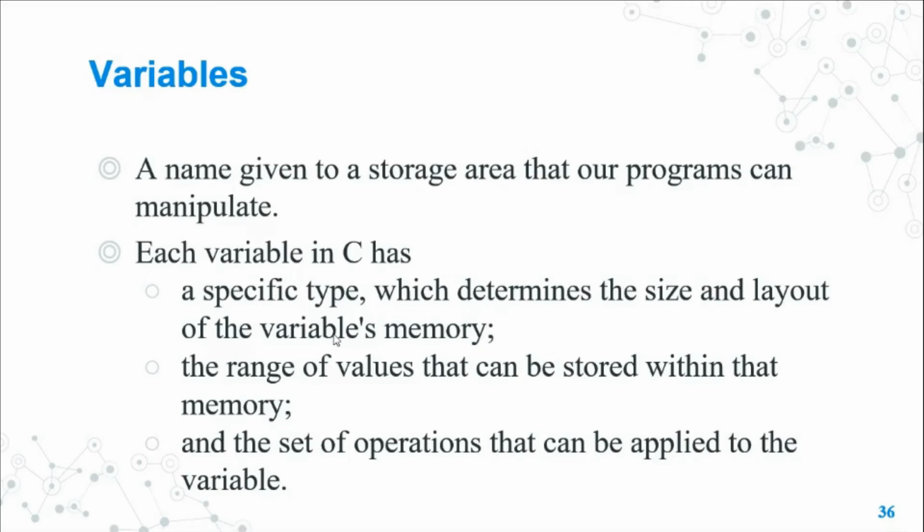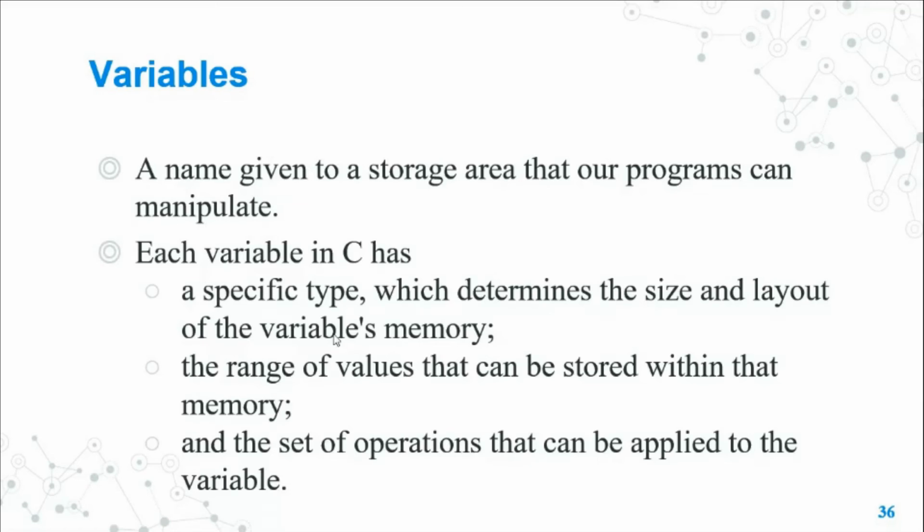So a variable is a name given to a specific storage area, which should be accessed by your programs, and the values within it should be manipulated by your program. Each variable in C has three aspects.